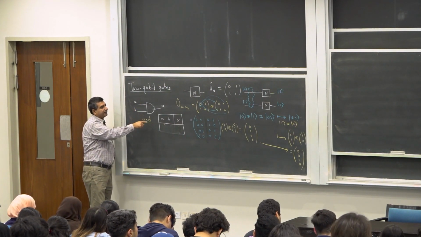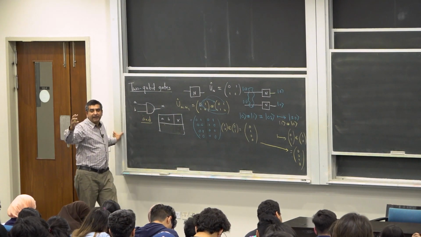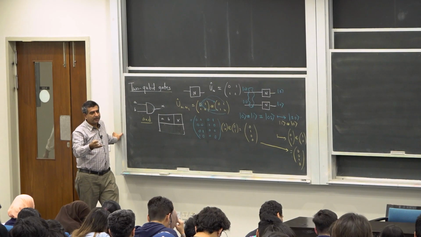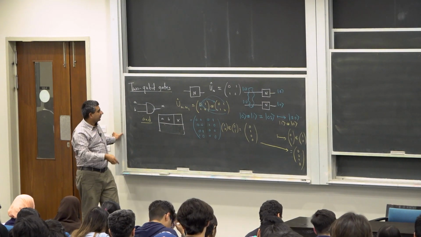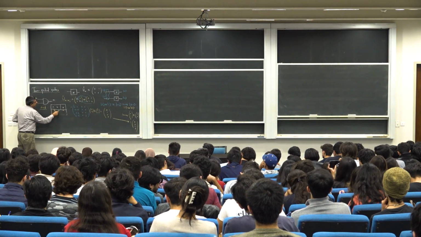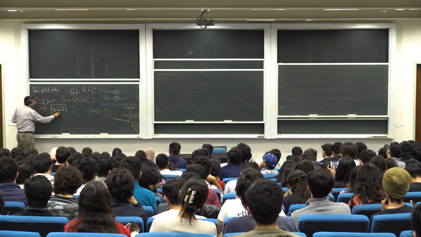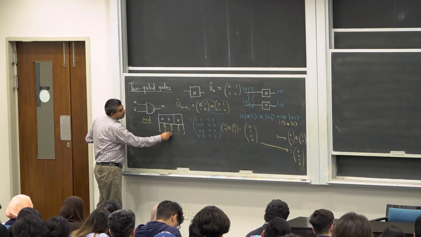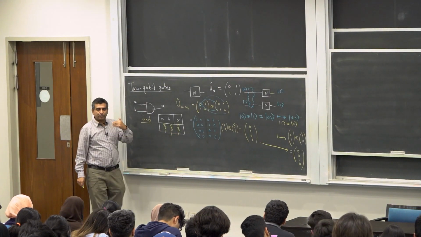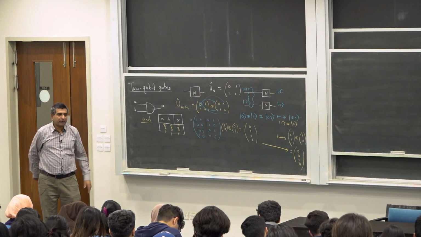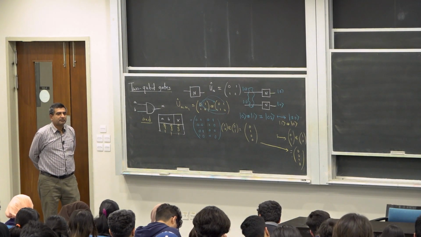AND operation means that the output is high or 1 only if both the inputs are high. So if both the inputs are 0, the output is 0. If only one of the inputs is 1, the output is still 0. But if both the inputs are 1, the output turns out to be 1. So this is how we define an AND gate.